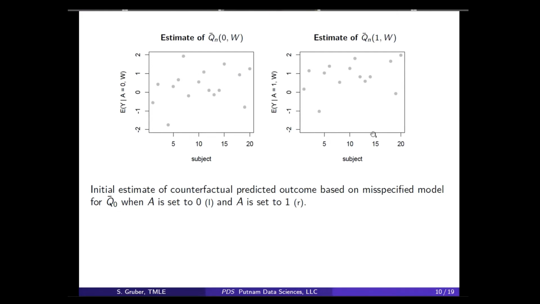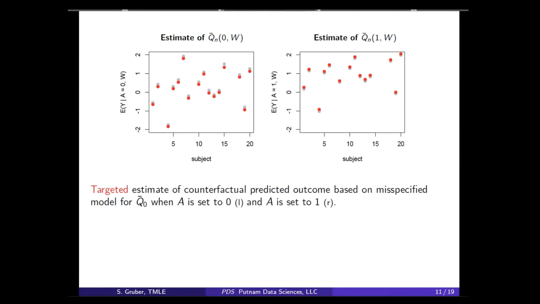So these are the y-hats under treatment for the first 20 subjects. Okay, and that's what this says: initial estimate of the counterfactual predicted outcome based on a misspecified model for the initial Q when A is set to 0 and when A is set to 1. Okay, then I do the targeting step. And when I target, I get out my new set of counterfactual predicted outcomes from my updated estimate of the Q, and this is the Q of Y that we're talking about. You can see those are the red dots.